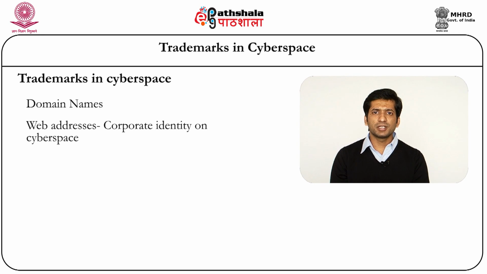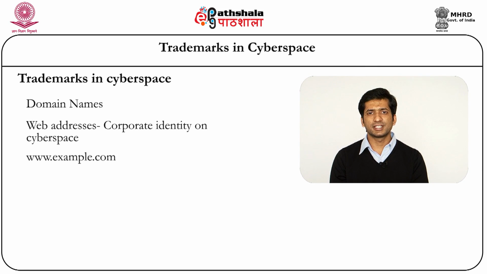Now, when we look at a typical domain name which reads something like www.example.com, which is on your screen right now, you will see that this web address is made up of three parts. The first one being a subdomain, which is represented by www dot or any other subdomain for that matter.